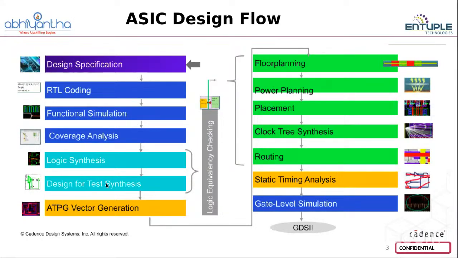Once design for test synthesis is completed, we run the ATPG vector generation, which generates the test sequence and test vectors to find the various faults. After this, we do the logic equivalency checking process, where the complete logic is verified.